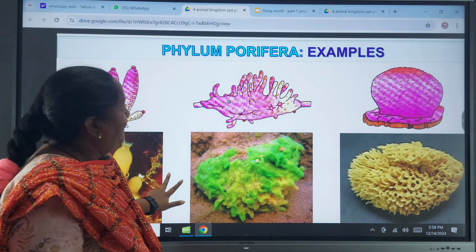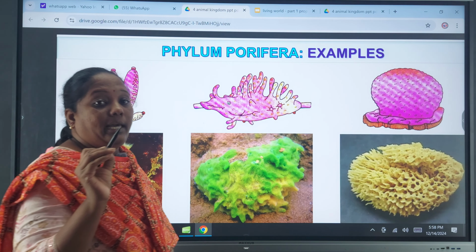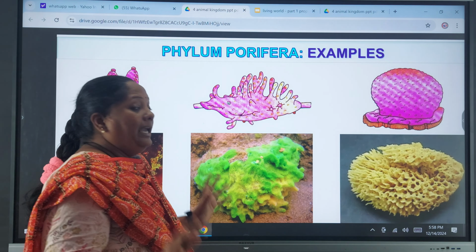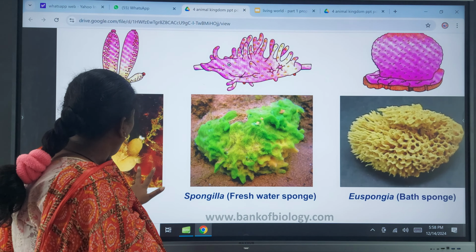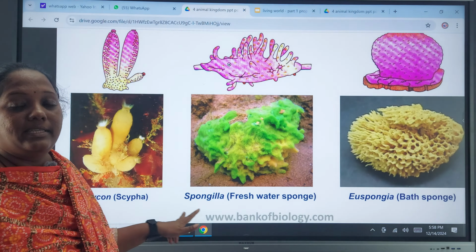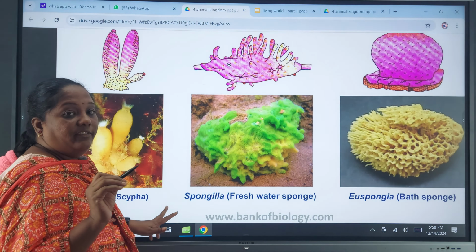Here, the important thing for porifera is that you have to remember the examples of the porifera. The first sponge is called Sycon, the name we also call Scypha.